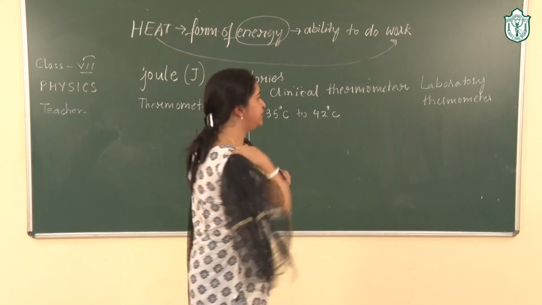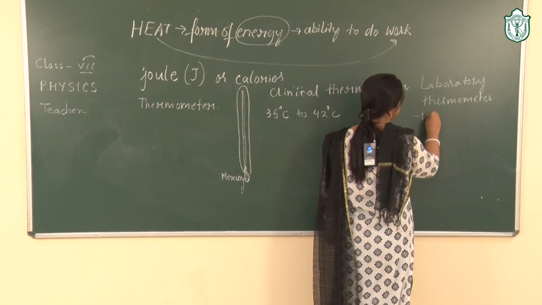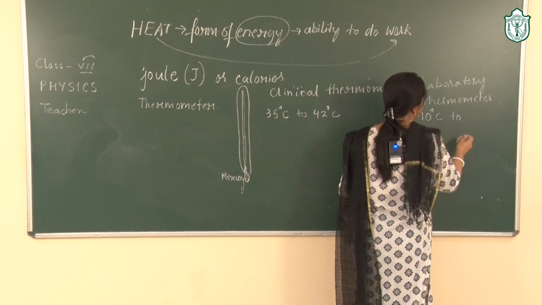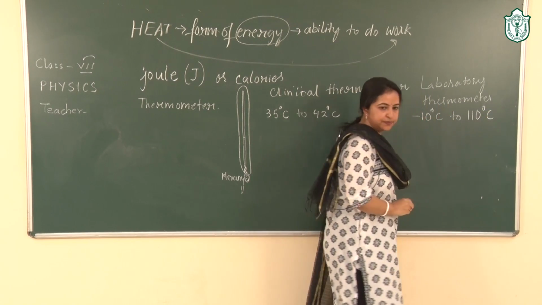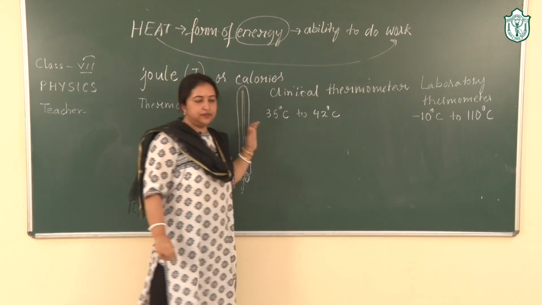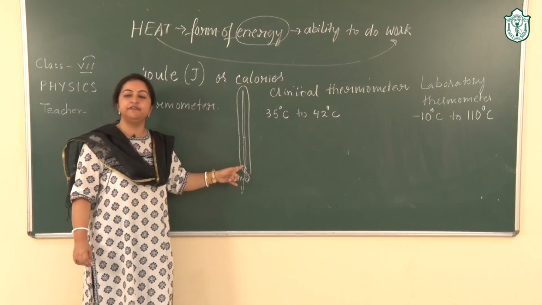In case of a laboratory thermometer, the range of temperature that can be measured is from 10 degrees Celsius to 110 degrees Celsius. Another important difference between clinical and laboratory thermometer is the presence of kink.